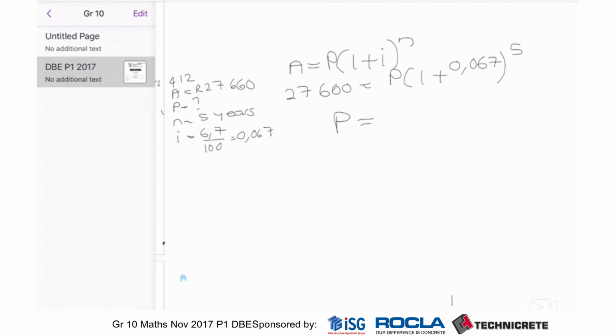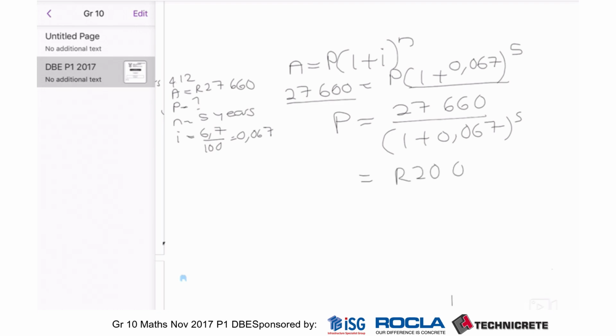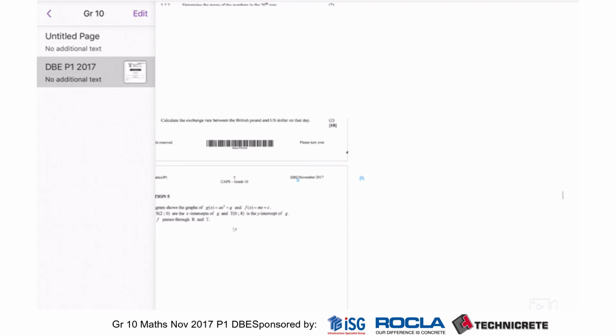P is equal to 27,660 over (1 plus 0.067) to the power of 5, dividing both sides by this to get P by itself. Into our calculator it goes, and we get an answer of 20,000, which makes sense because a television set increases in value. So 20,000 was the cost of it 5 years ago. Now it is obviously more.